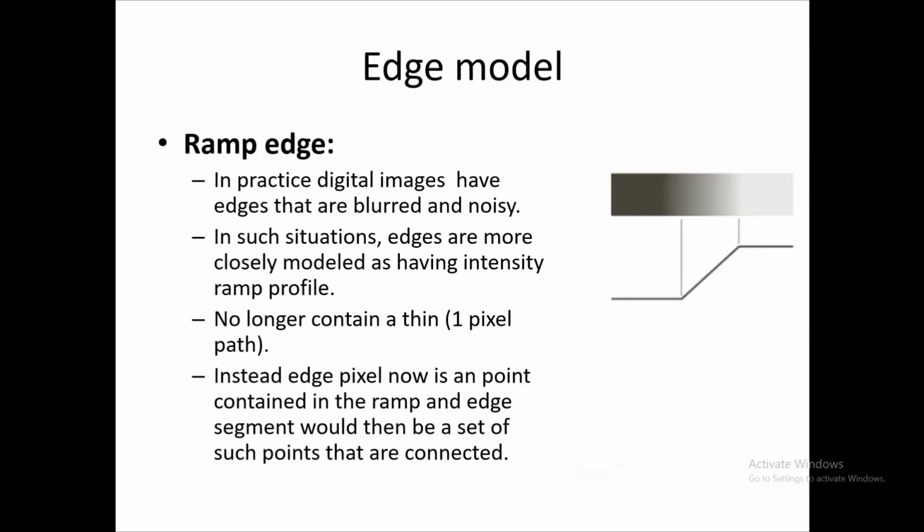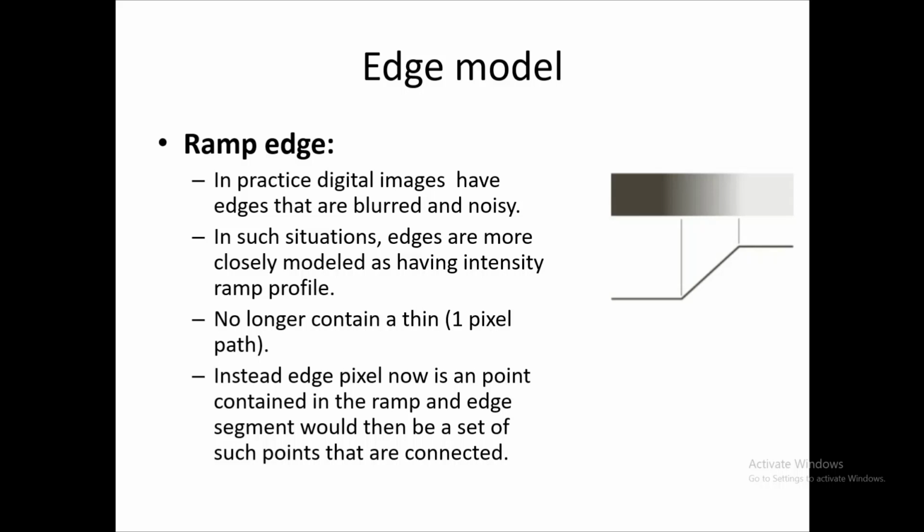Another example is the ramp model. In practice, digital images have edges that are blurred and noisy, and in such situations edges are more closely modeled as having an intensity ramp profile.